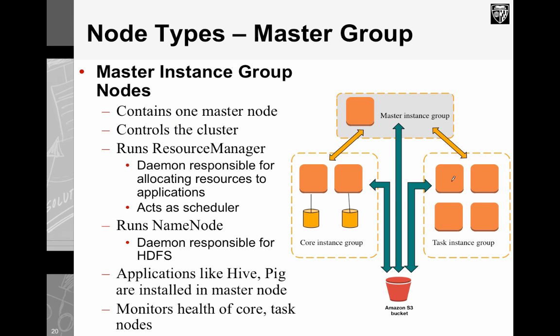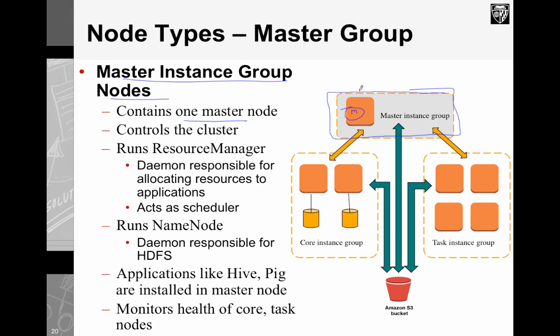Okay, so let's look at the master instance group, master nodes. This is the master instance group. It contains one master node. There's only one master node, and this master node controls the cluster. If you recall from Hadoop, the master node runs the master daemons.